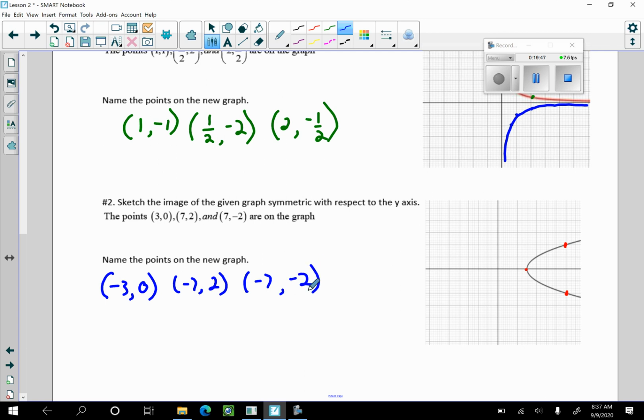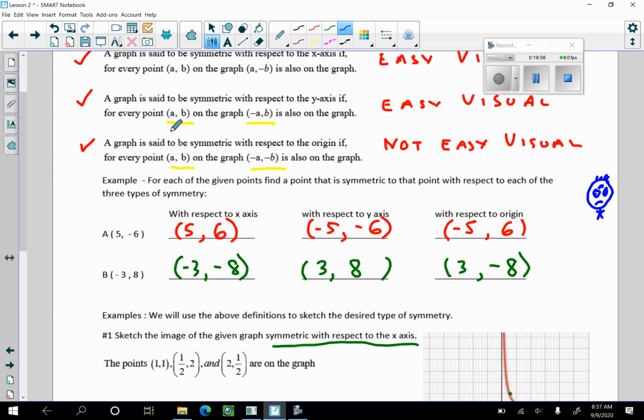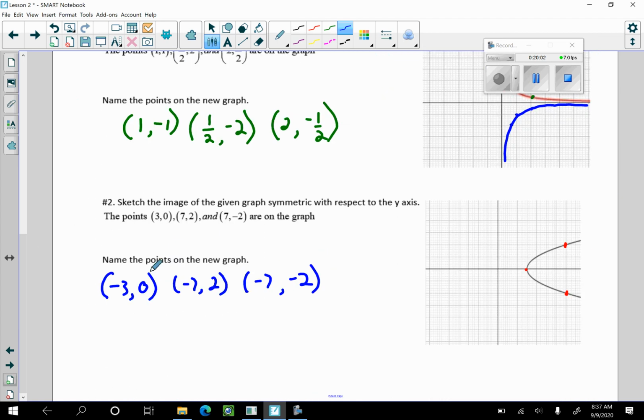The x's go opposite, sorry, and the y's remain the same. Double check. The x's go opposite, the y's remain the same.